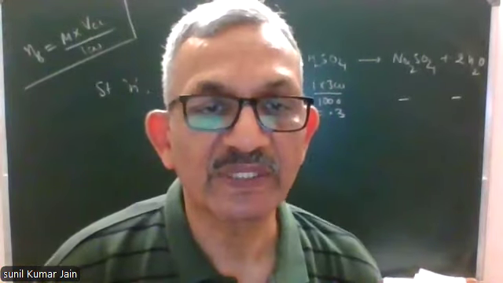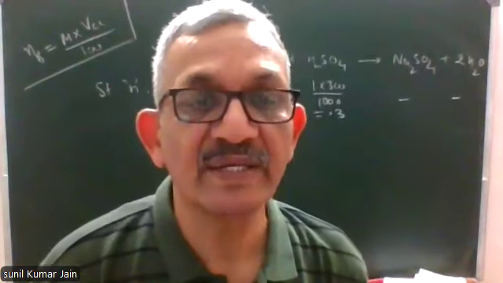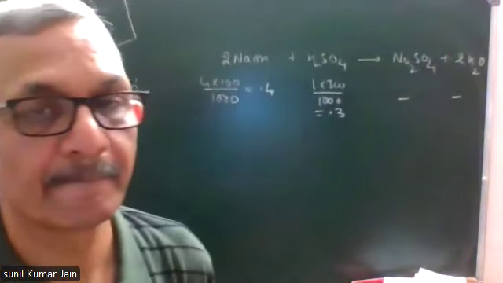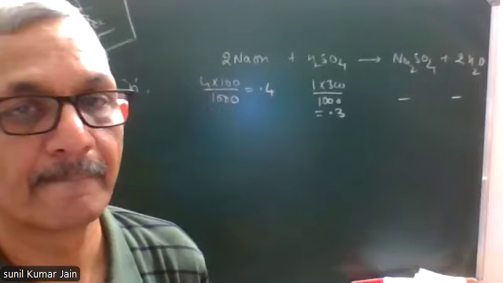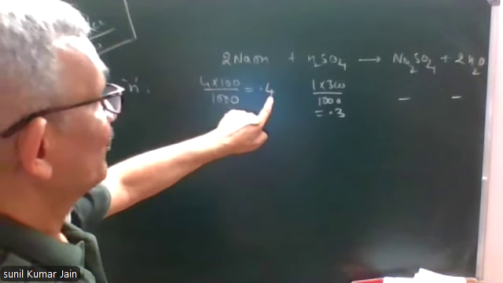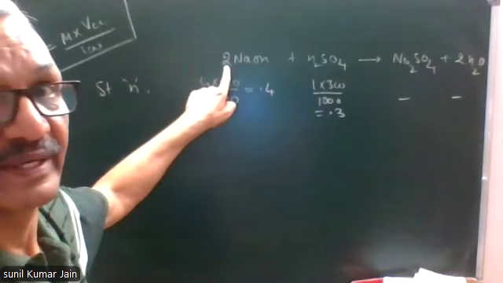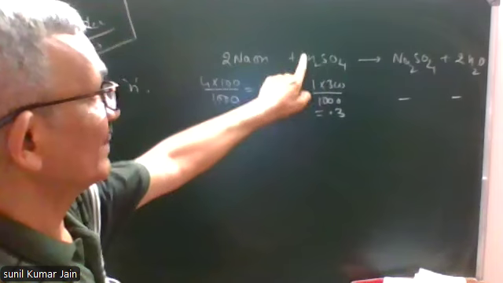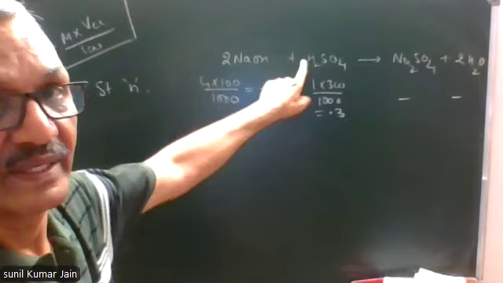Now, let me ask you one thing. Which of the two reactants is limiting reagent? Name the reactant. H2SO4? No. See, this one: 0.4 divided by stoichiometric coefficient 2, 0.3 divided by 1.